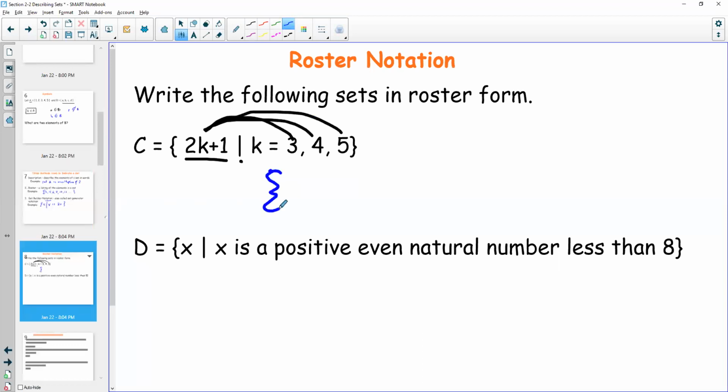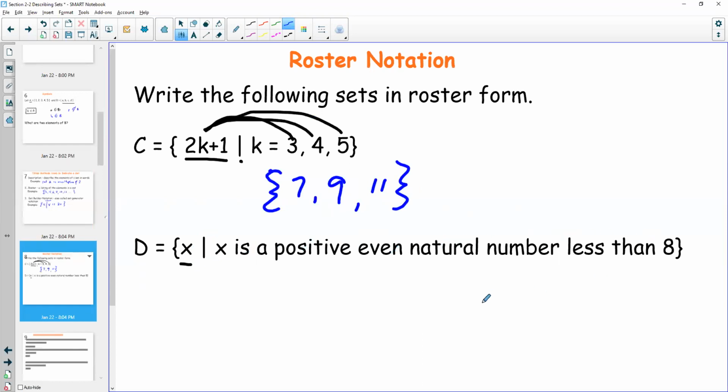If I put in 3 for k, 2 times 3 is 6, plus 1 is 7. If I put in 4 for k, 2 times 4 is 8, plus 1 is 9. Put in 5 for k, 2 times 5 is 10, plus 1 is 11. There is my roster.